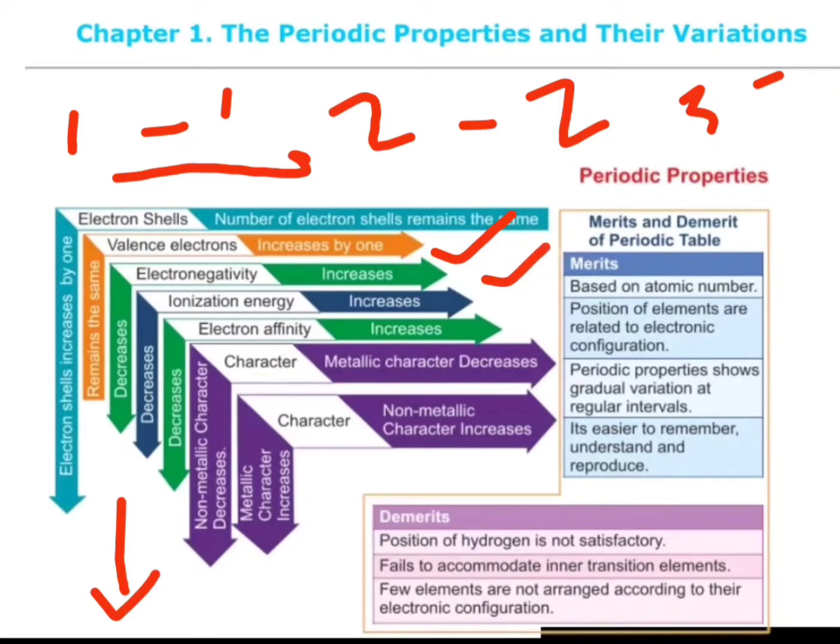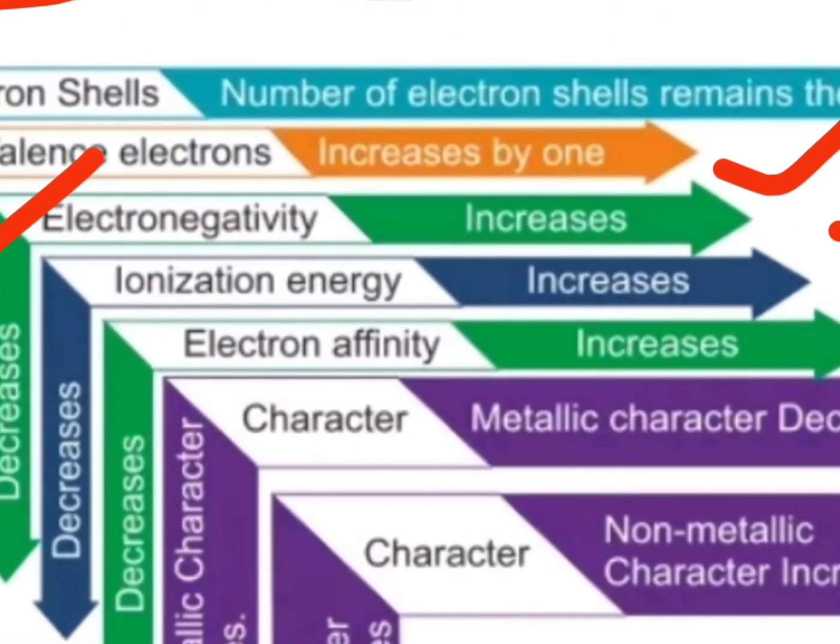Next characteristic is electronegativity. Electronegativity means electron attracting power, the tendency of an atom to attract electrons in a covalent compound or molecule.